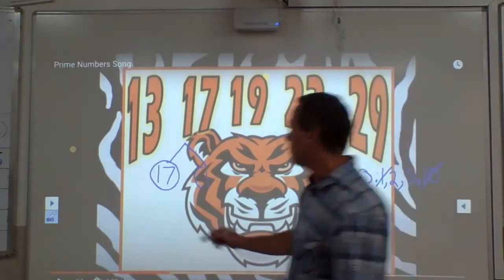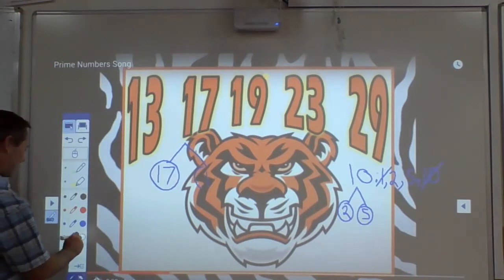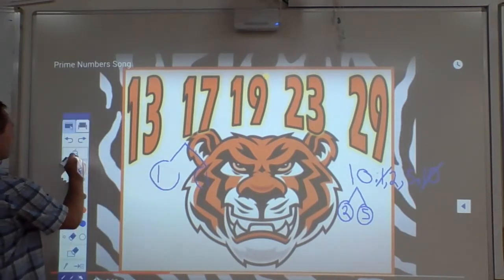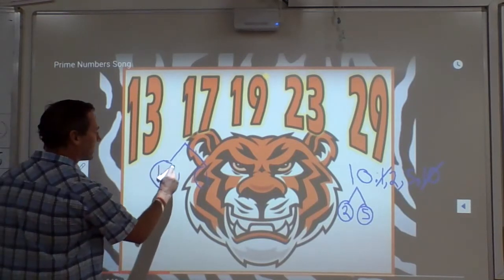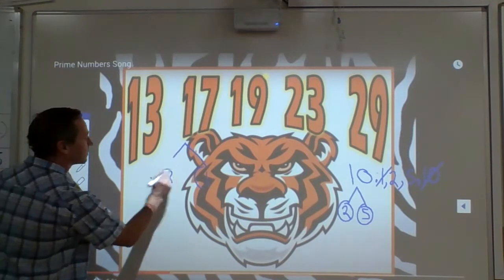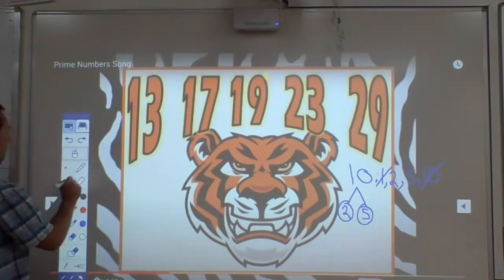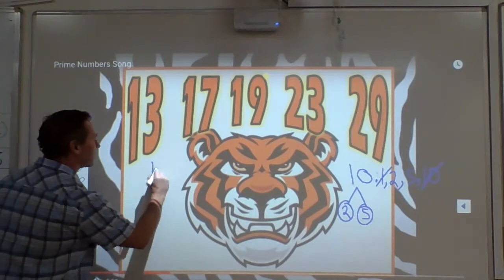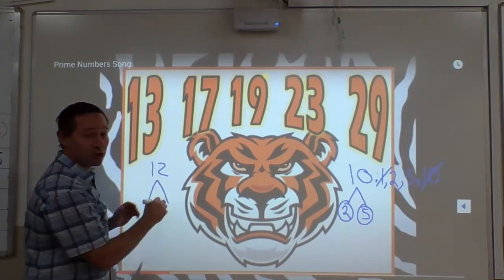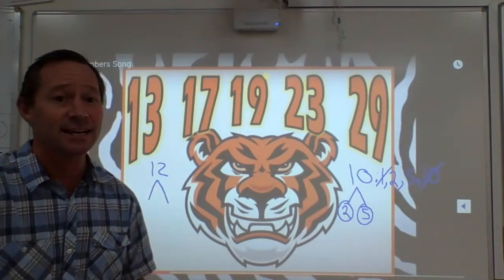If it happened to be 12, let's change this to 12. Okay, I'm going to make this one 12. So if the number was 12, which is a composite number, and it's a composite number because there's factors more than just 1 and itself.